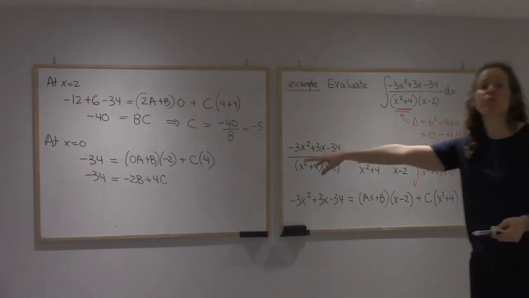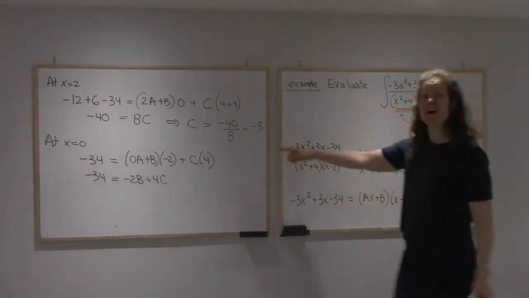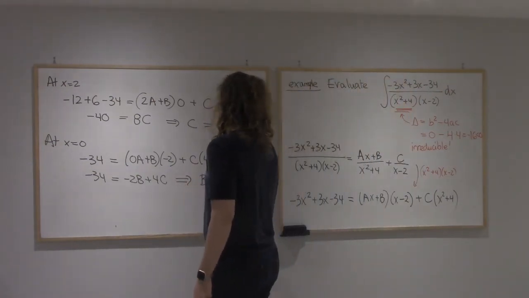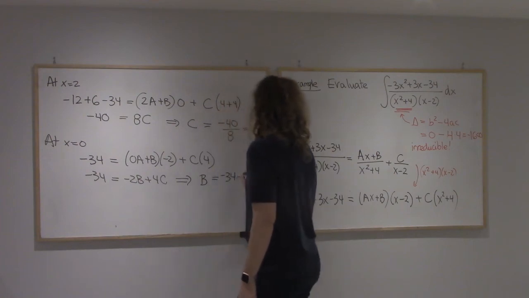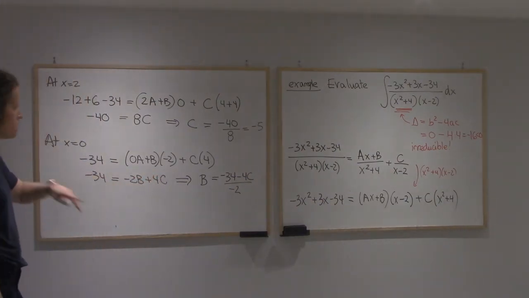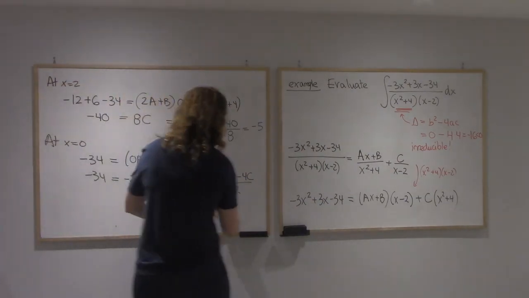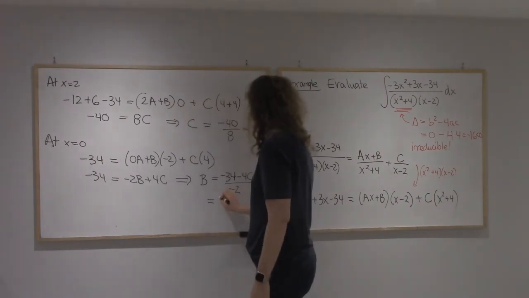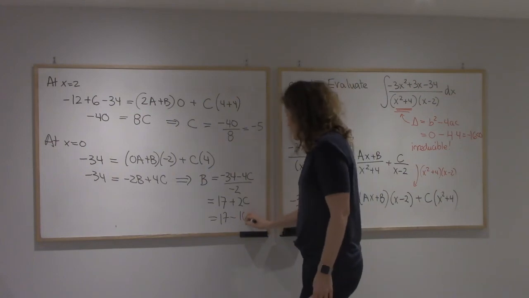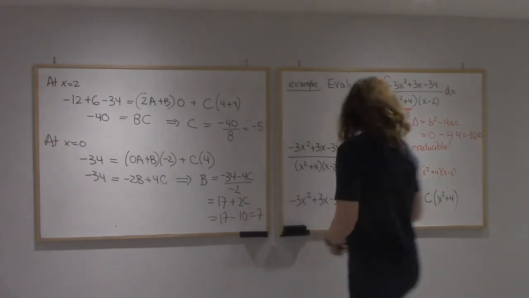I'm left with both b and c, but of course we just found what c was, so I can isolate b in this. So I'm going to get that b is minus 34 minus 4c over minus 2, so that's going to be 17 plus 2c, that's 17. C is minus 5, so that's minus 10. I'm going to get 7.